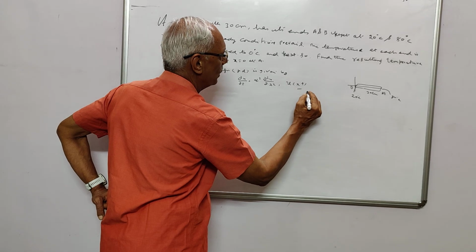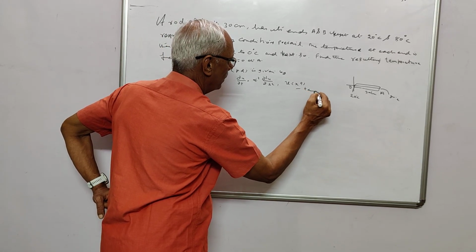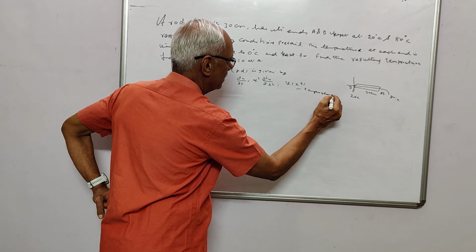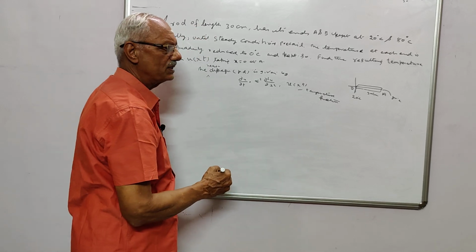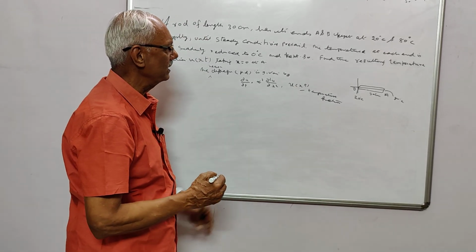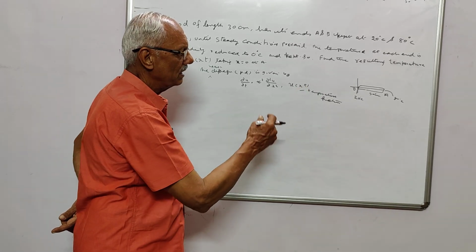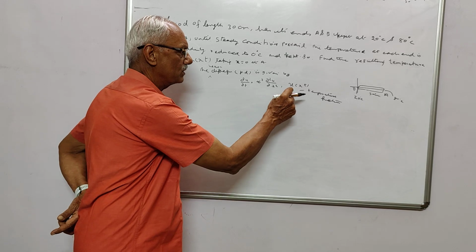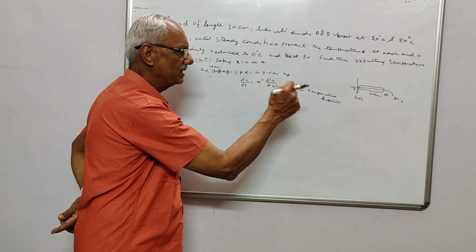It is called your temperature function, or heat distribution function, u of x,t, and this depends on x and t, where x is the points on the rod, and t is the time.